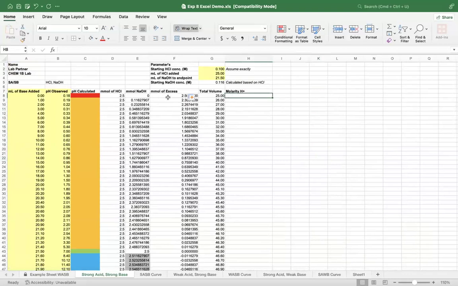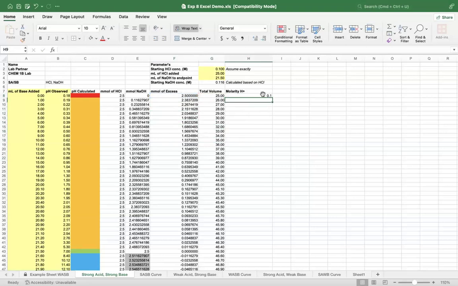We're going to take everything in column F, right? The amount of excess acid there is, and divide that by the volume. And that'll give us a current concentration of hydronium. That's just equals whatever's in column F divided by whatever's in column G.